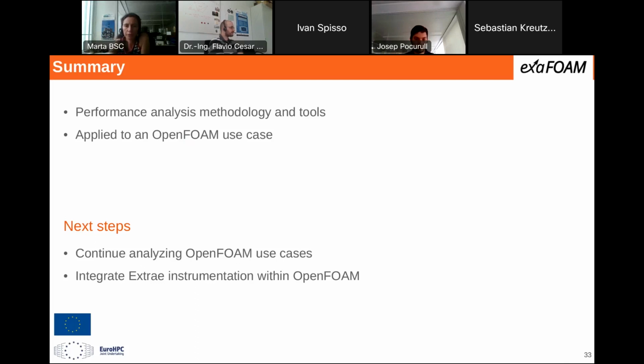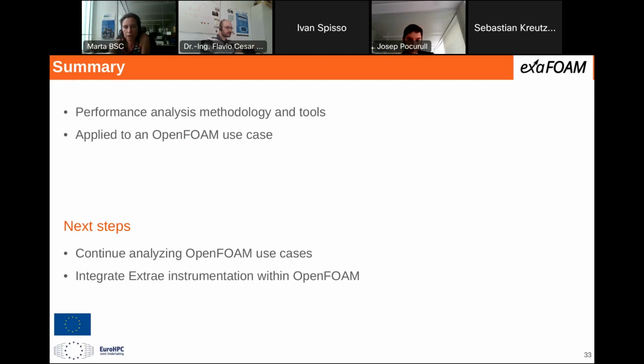The next steps would be nice to add this extra instrumentation inside OpenFOAM, in some places that we already know can be interesting to have monitored, so that for next analyses we are able to already know which part of the trace corresponds to which part of the code. So those are the next steps.